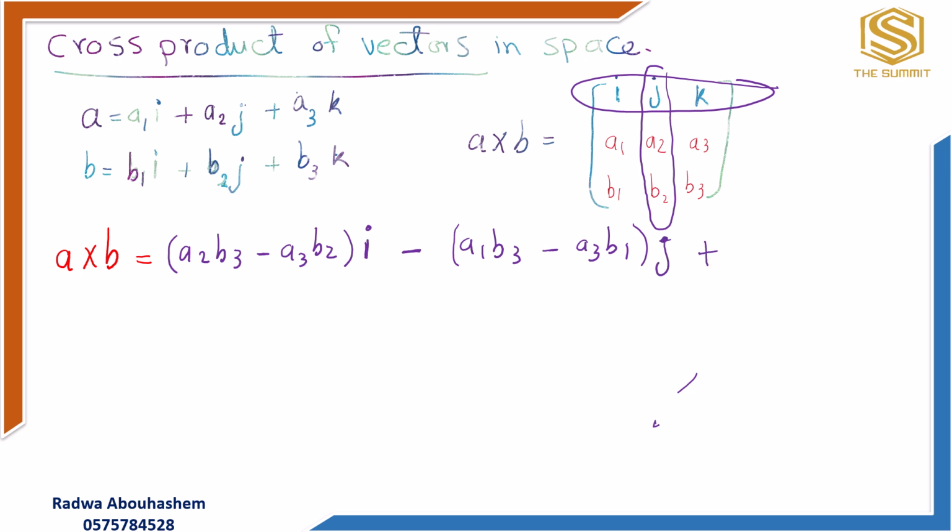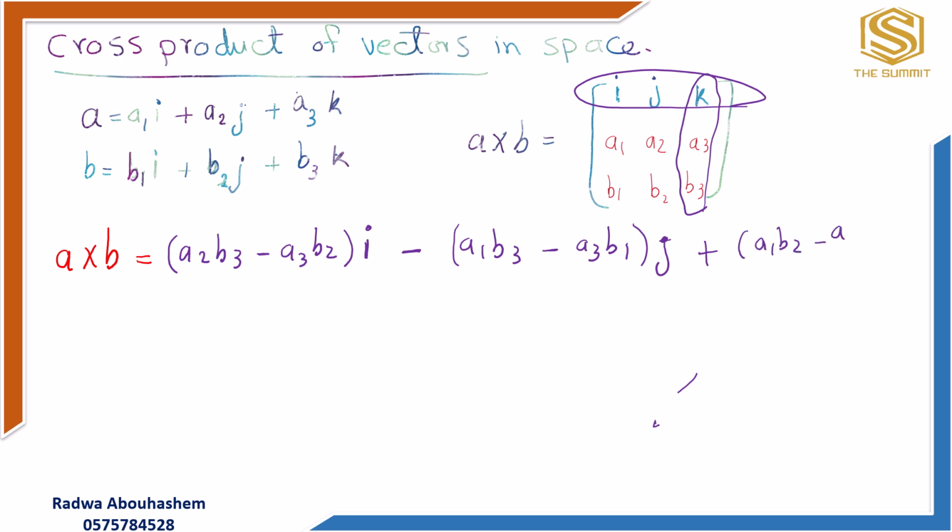Plus, the last thing here for k. Let's see that we cannot see this one. So neglect this column and this row. Let's cross multiply. So it's A1 times B2 minus A2 times B1. This is for k. This is how you get the cross product of vectors in three-dimensional space.